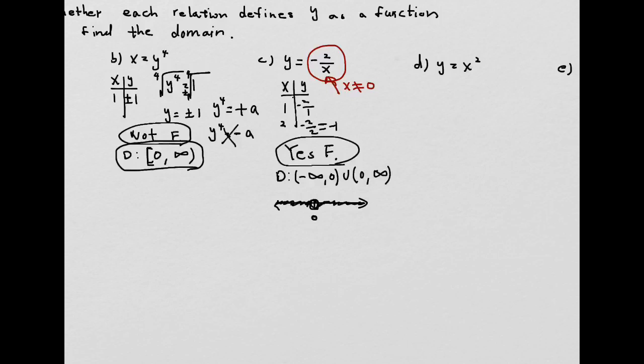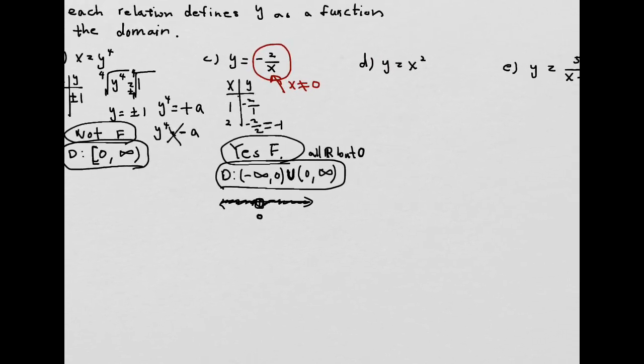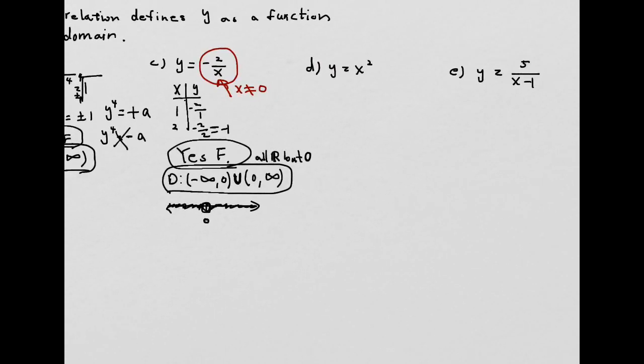So it will be negative infinity to 0 with the parenthesis so that we know that 0 is not included, and 0 to positive infinity. And we need to use the union sign, right? So that will be your domain, which shows your restriction, all real numbers but 0, right? That's what it means. But we need to be able to write it in interval notation.